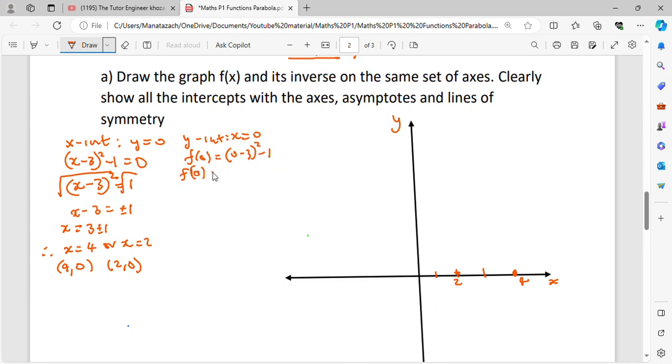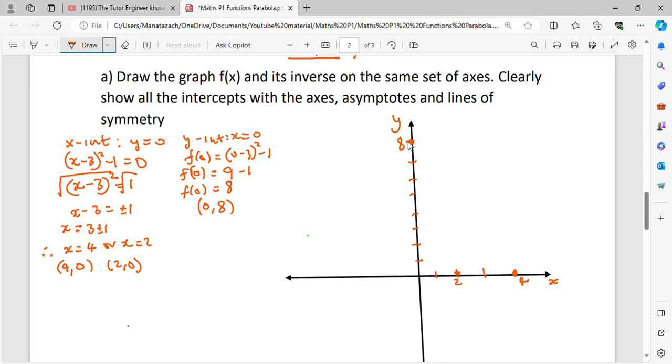Then you'll get 9 minus 1, and then you'll get an 8. So this is the y-intercept. You can likewise mark it. 8 is about there.